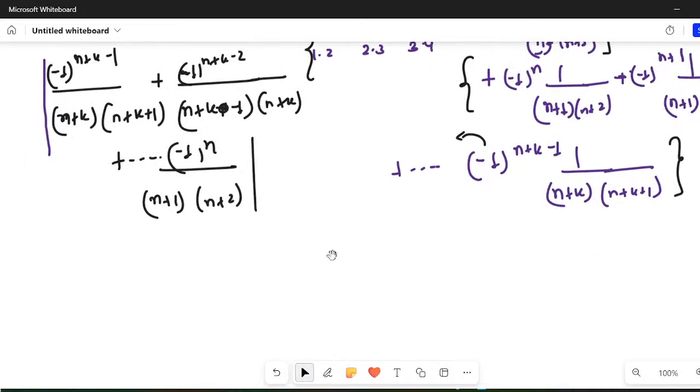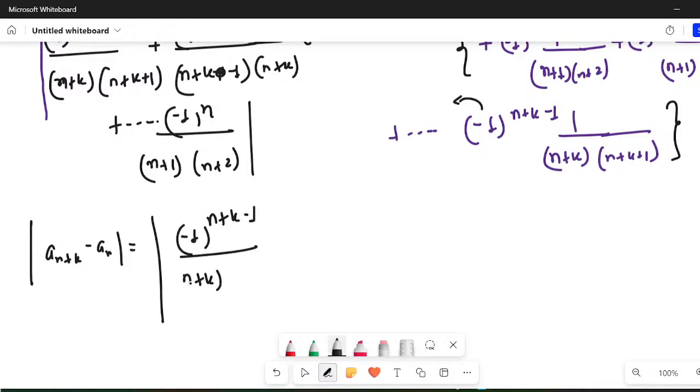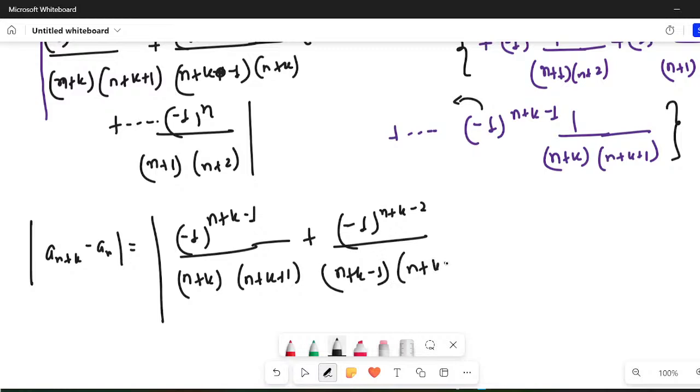So in totality, modulus of a_{n+k} minus a_n is simply equal to modulus of minus 1 raised to power n plus k minus 1 divided by n plus k into n plus k plus 1, then again minus 1 raised to power n plus k minus 2 divided by n plus k minus 1 into n plus k, and then you keep on moving. This would be minus 1 raised to power n divided by n plus 1 into n plus 2.